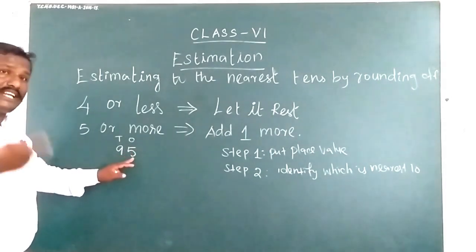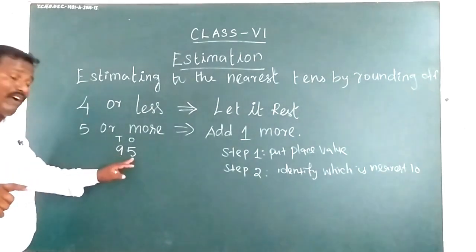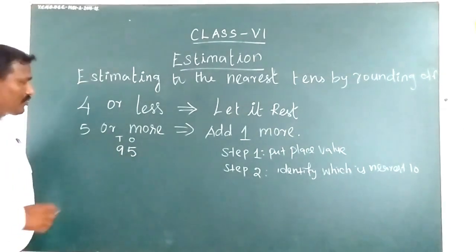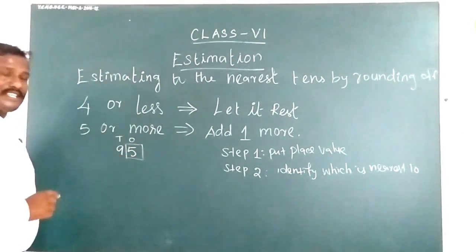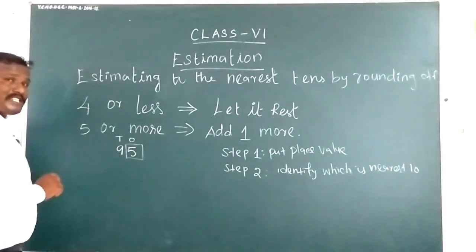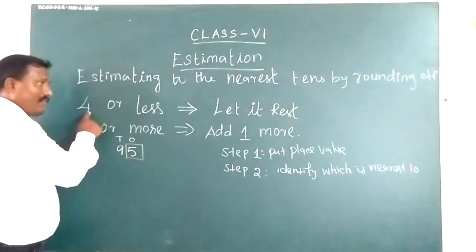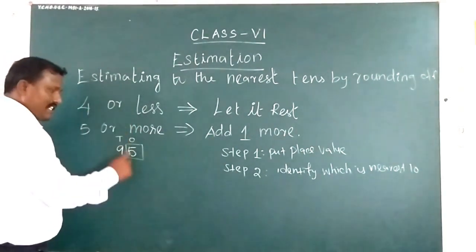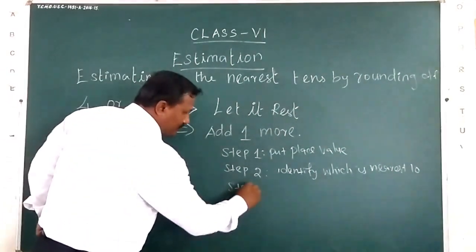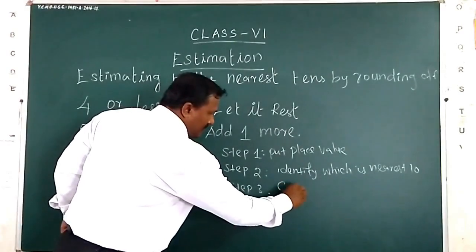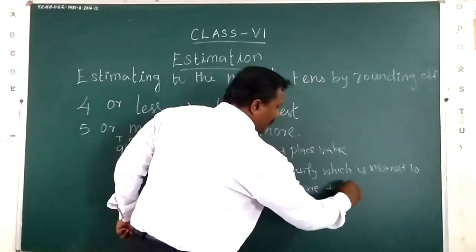Various examples we will see, but in this example 9 is the nearest 10 digit. Now I will change only the ones place. Don't change anything in the tens place. Depending on the rules, step 3, compare the ones digit to 5.